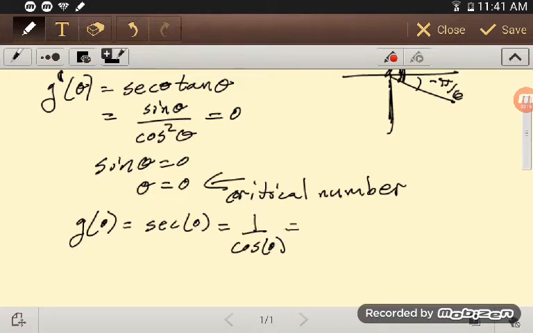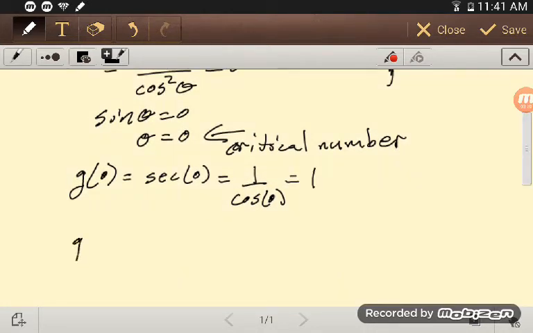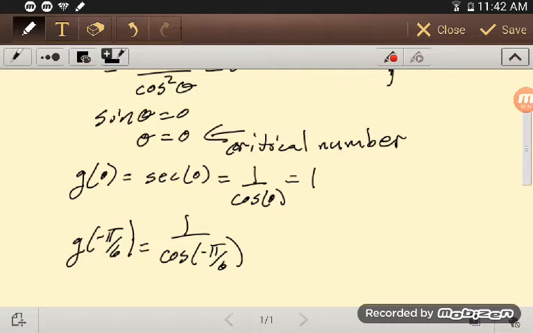Cosine of 0 is 1, so we just get 1. Now we check the endpoints, g of minus pi over 6. That's just 1 over the cosine of minus pi over 6, which is the same thing as cosine of pi over 6.